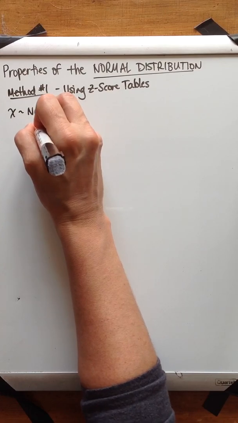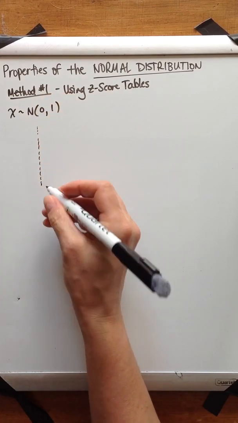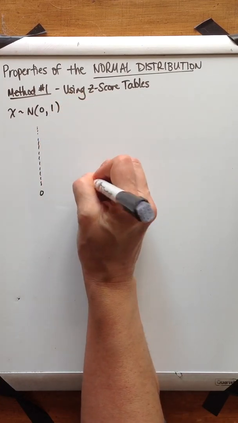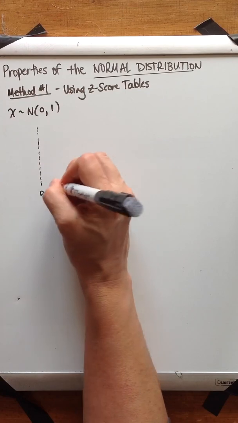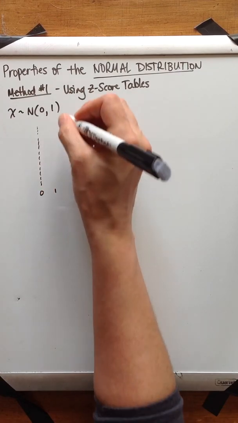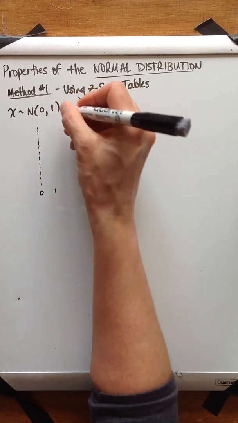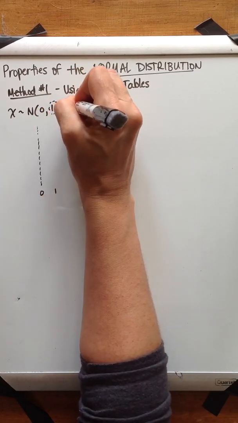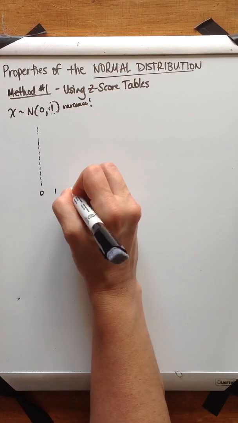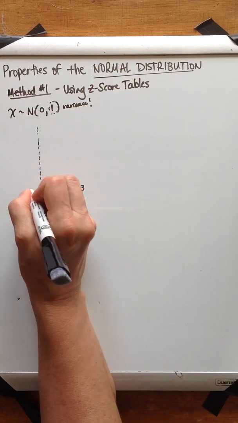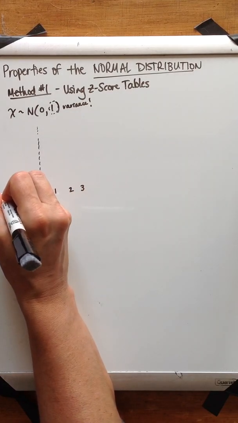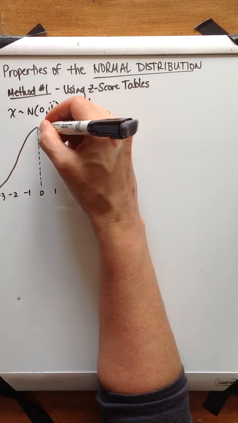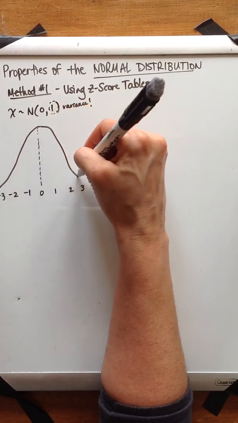So again, I would have a mean of 0, and I could have 1, 2, or 3 standard deviations going above it and below it. The square root of this variance is also equal to 1. That's our standard deviation, because don't forget, this is variance. Okay? So 1, 2, and 3, and -1, -2, -3. So if we were to sketch out this curve, it would look something like this.